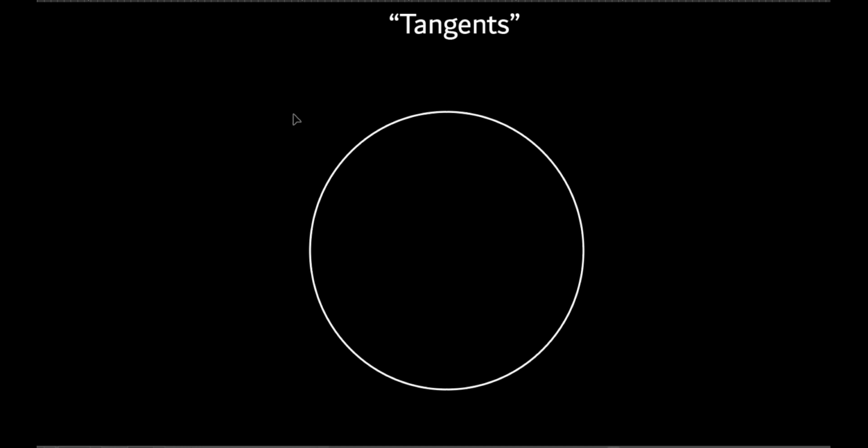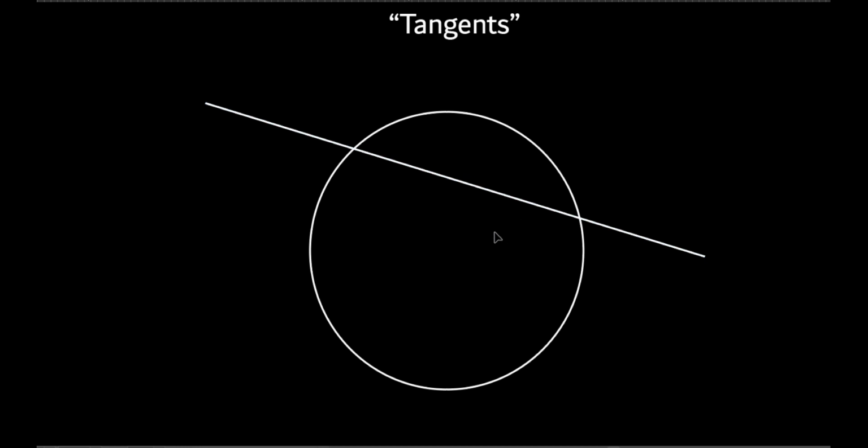Let's talk about two words, and we're just going to camp out on one of them. The other word we will talk about at another point, but not today. What if I drew a line that went through the circle and hit the circle at two places? When I say on the circle, I'm talking about the white line that's going around.